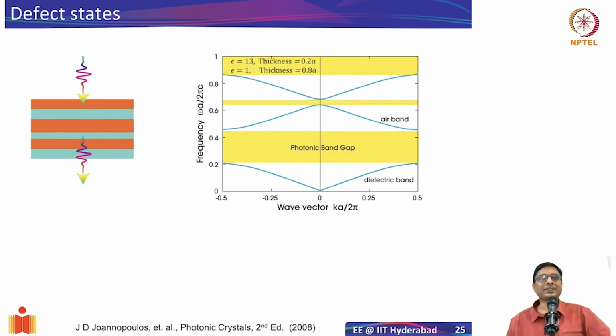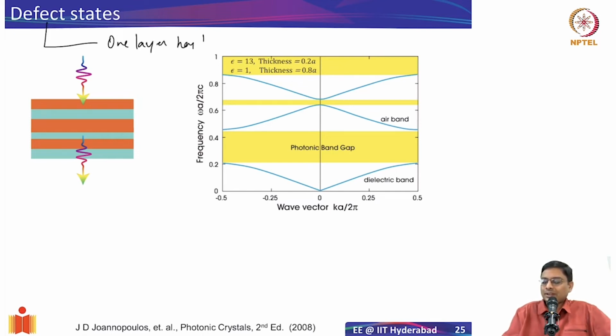But something interesting can happen when you introduce what is known as a defect state. This defect can be a change in the thickness. One layer in the stack has a larger thickness.